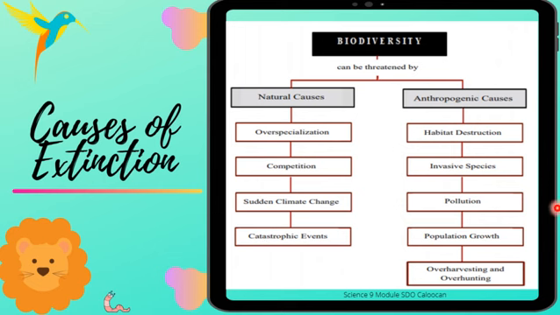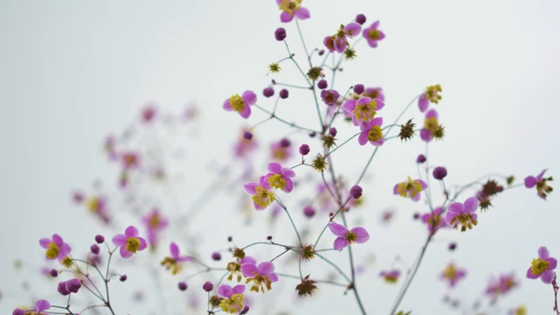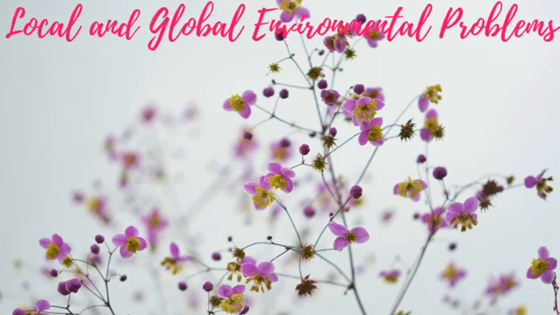Several animals nowadays are endangered, threatened, or worse, they are considered extinct, which means that they totally disappear from our planet. We should know the reason behind the disappearance of many animals. What do you think are the causes of extinction? To know the answer, take a look at this. These are the local and global environmental problems that put a threat to the lives of animals and most probably the main cause of extinction of animals.